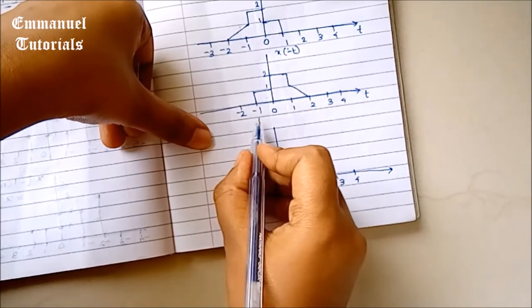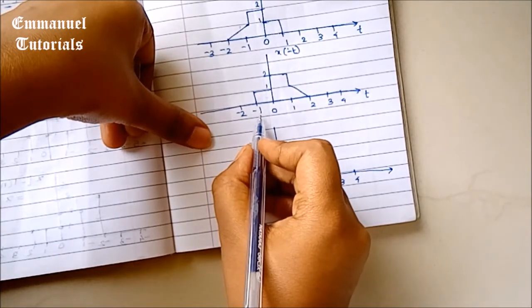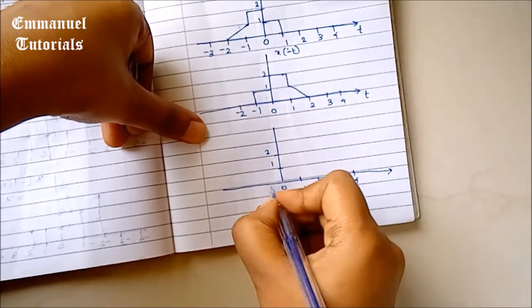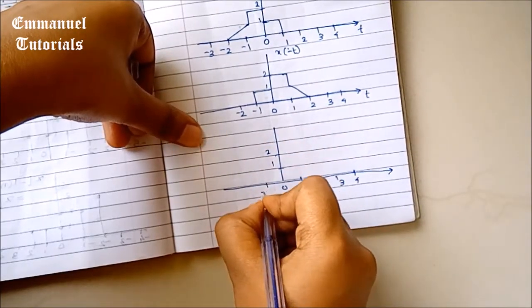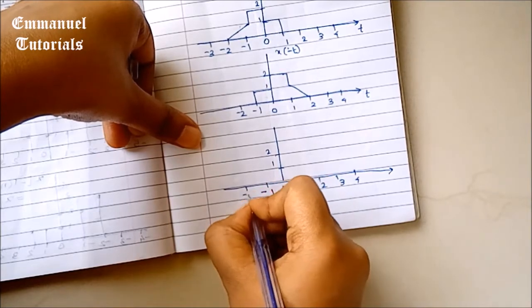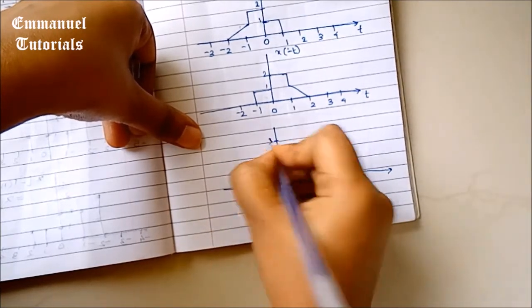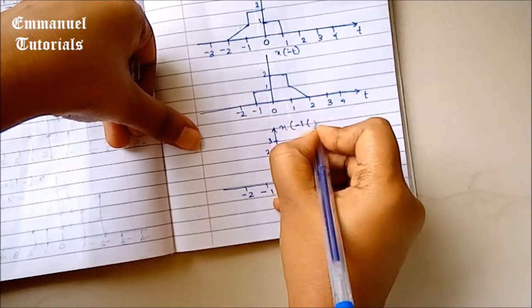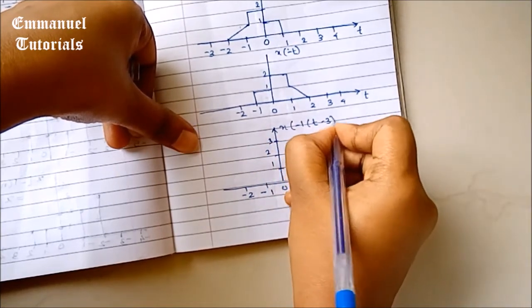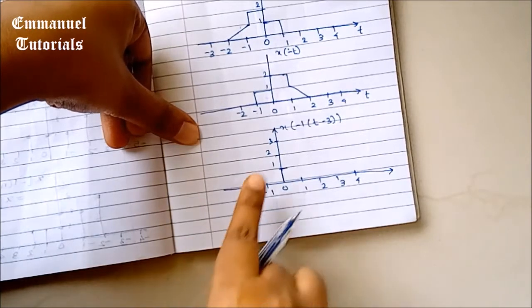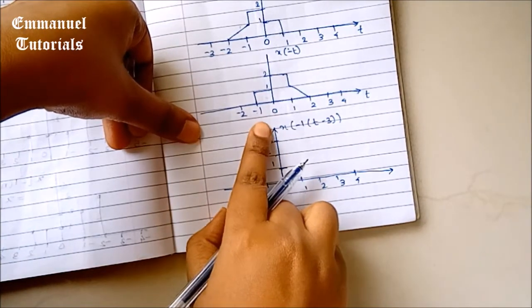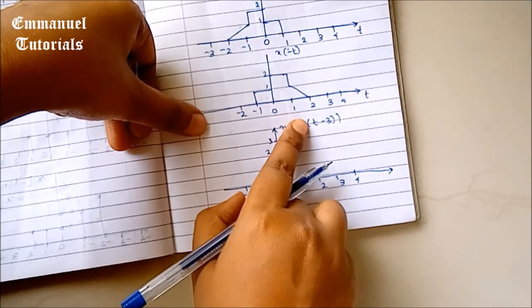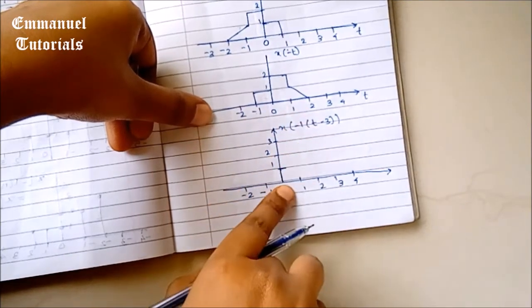Now since the signal is starting from minus 1 and we'll be shifting it to the right by 3, we will not require many points to the left. Now at minus 1 the amplitude is plus 1. So at minus 1 plus 3 the amplitude should be plus 1 in the resultant signal.